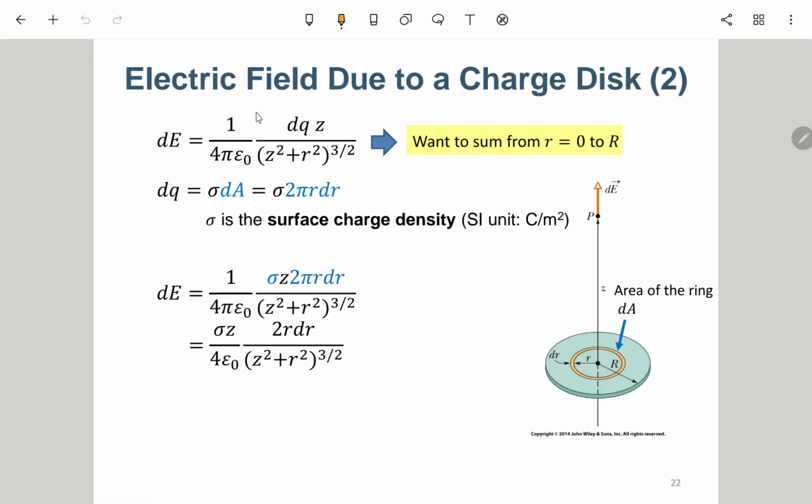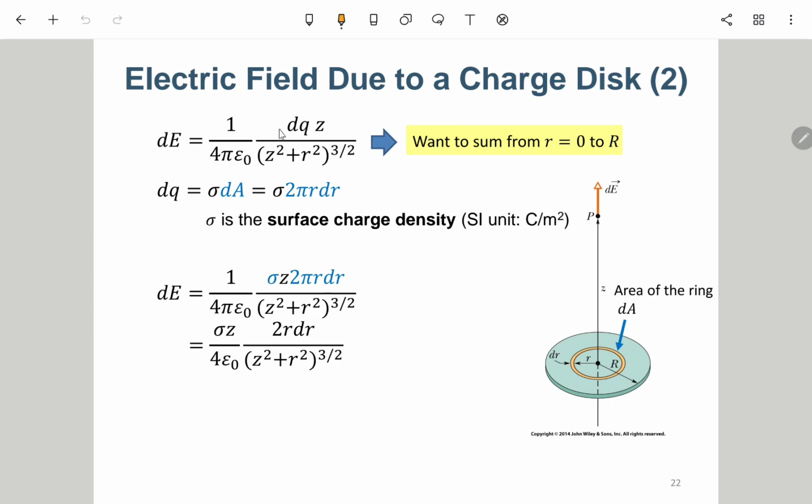So this is the equation from the previous page, and we want to sum, which means we want to integrate this thing from r equals 0 to capital R. So we would like to do some change of variables.